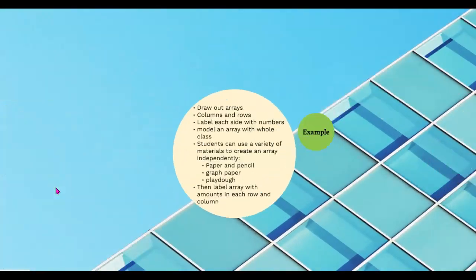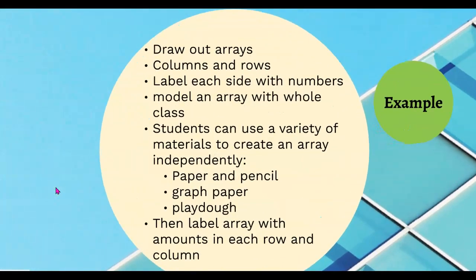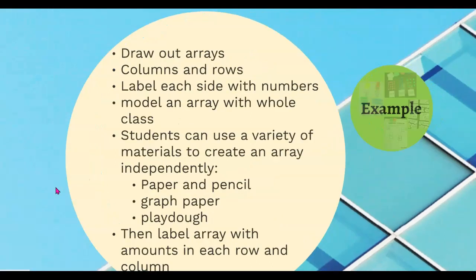In the semi-concrete phase, we're going to draw out arrays, columns, and rows. We're going to label each side with numbers. We're going to model an array with the whole class, and students can use a variety of materials to create an array independently. They can use paper and pencil, graph paper, Play-Doh, then label the array with the amounts in each row and column.